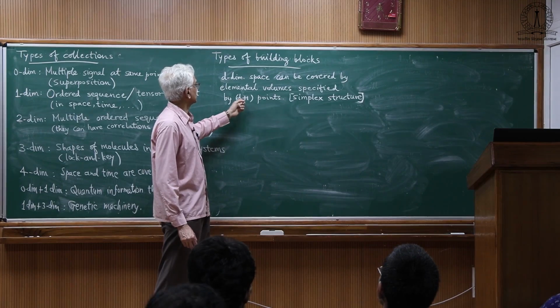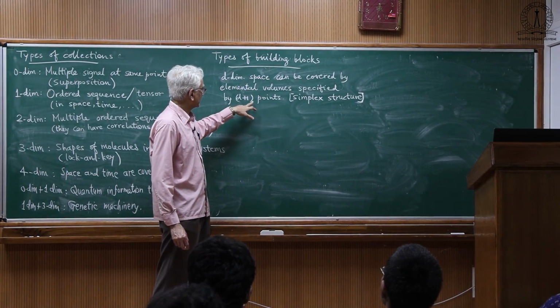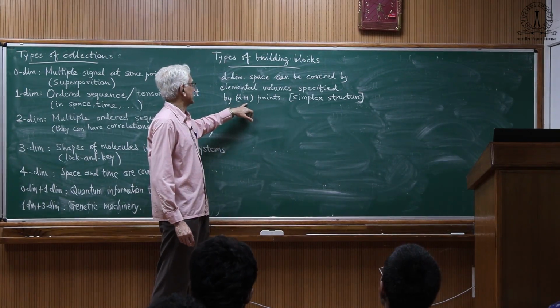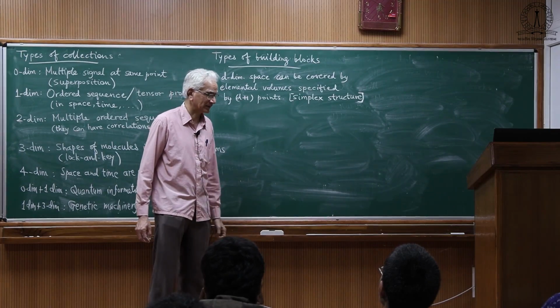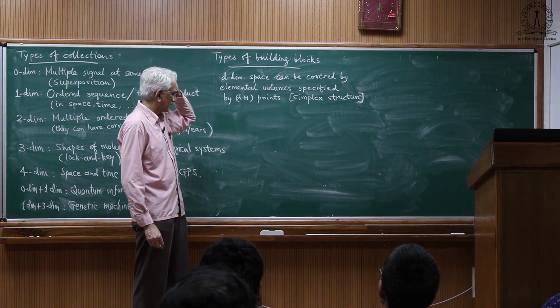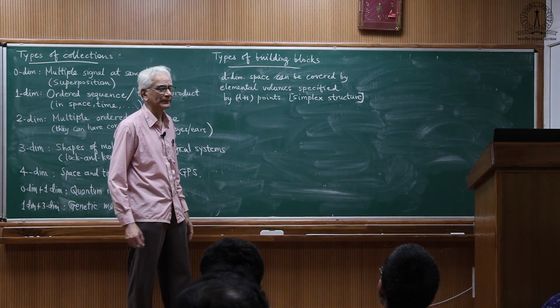Well, 0 is actually too special. It will just give 1 point, and I can't give any value to it except that it specifies a variable in some particular ways. But the interesting stuff starts at d equal to 1.